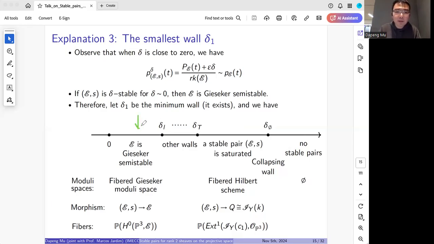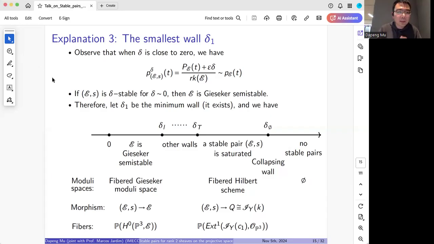When you land in the very first chamber, your moduli space of pairs all contain Gieseker semistable sheaves as underlying sheaves, but you lose some curves. I think this is the second best we can do, because the optimum doesn't work in general. This is our first main result.